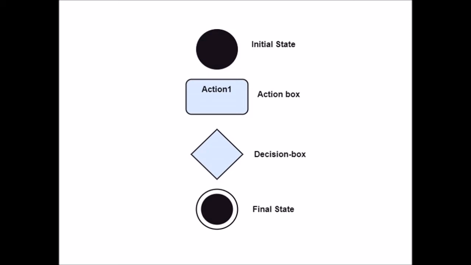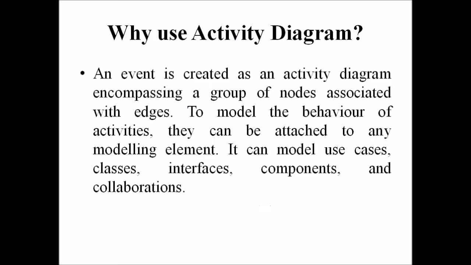Next arises a question: why should we use an activity diagram? An activity diagram is created encompassing a group of nodes associated with edges. To model the behavior of activities, they can be attached to any modeling element. It can model use cases, classes, interfaces, components, and collaborations.